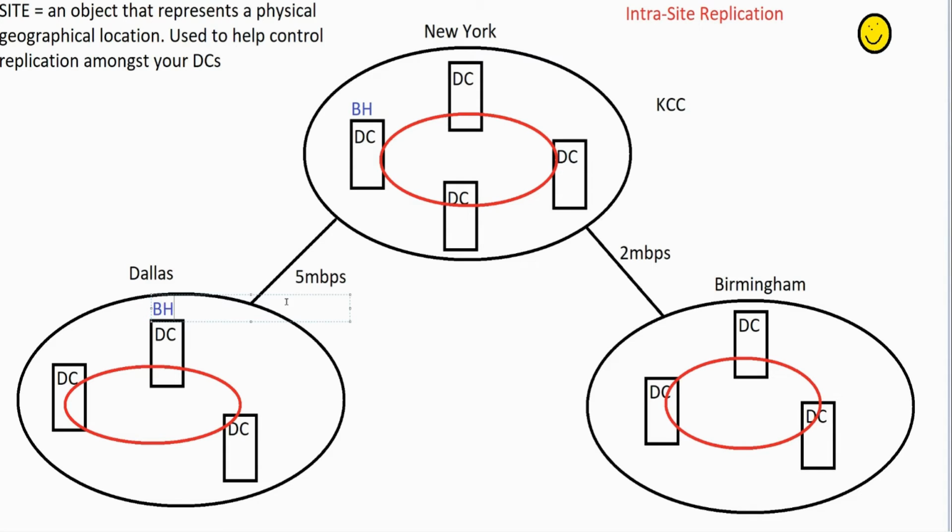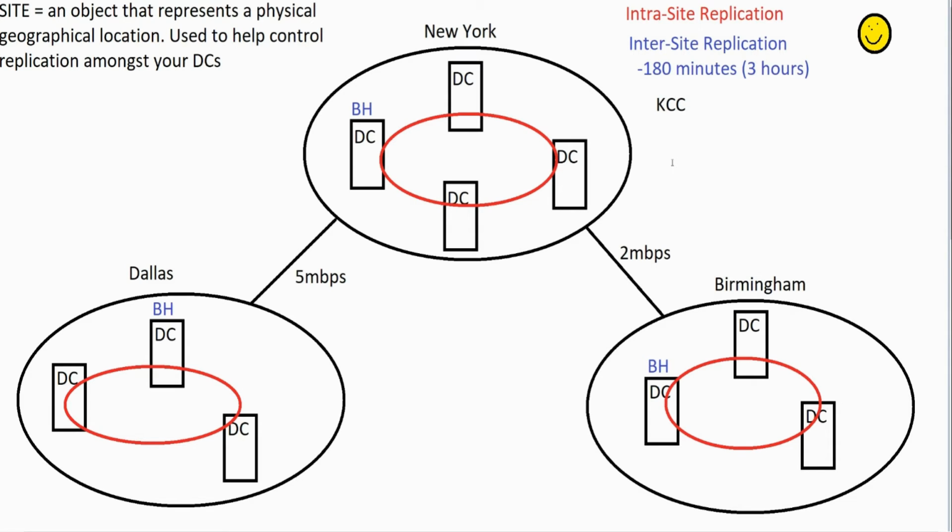The bridgehead is the server that does replication between the sites. And the replication occurs every 180 minutes between the bridgeheads. That's called intersite replication. This is going to occur every 180 minutes, or in other words, 3 hours.